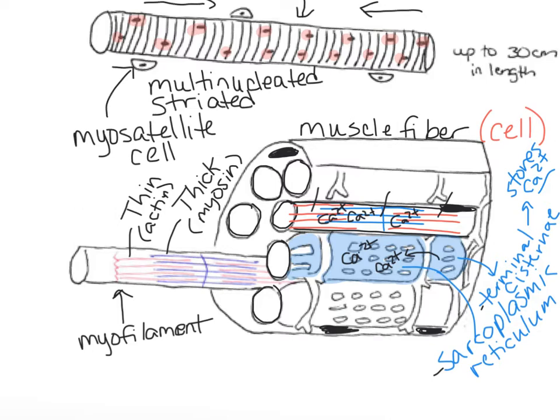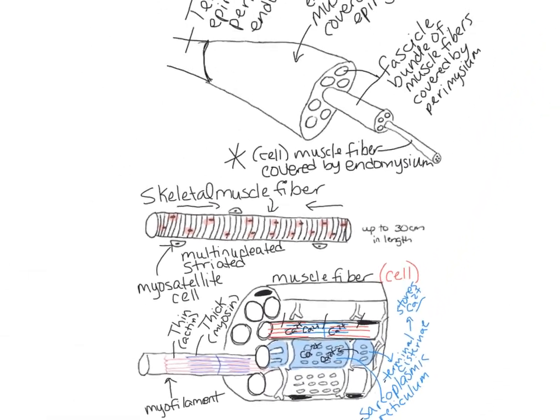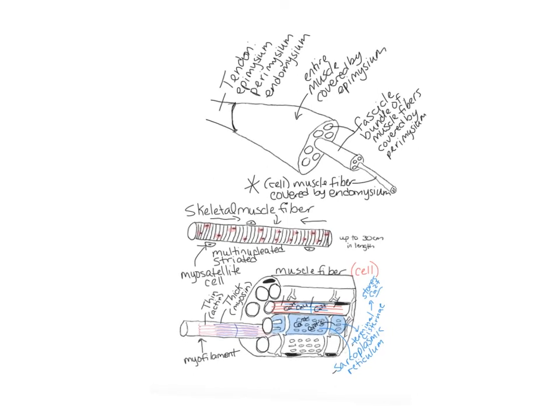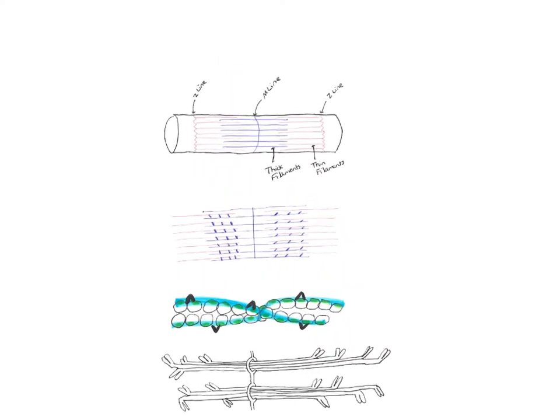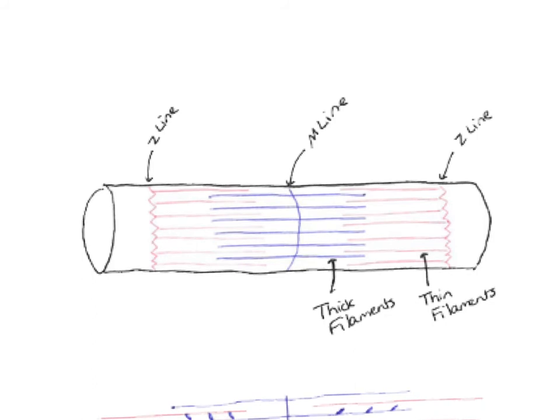So we kind of have now the anatomy, right? We know what's going on in the actual muscle cell, muscle fiber, right? Okay. All right, so here I have just a picture of the skeletal muscle fiber.